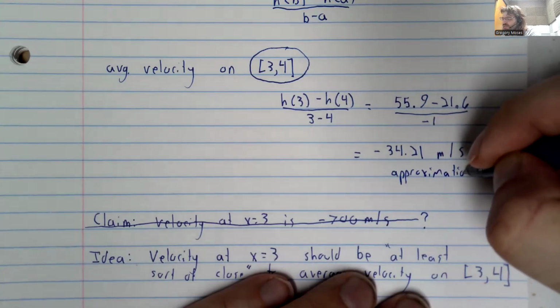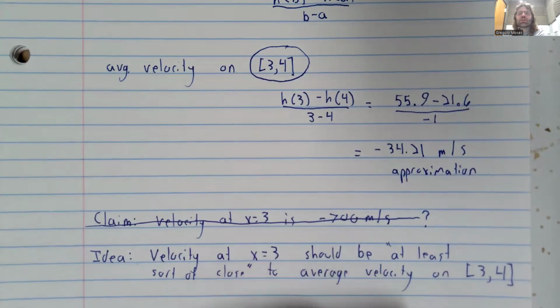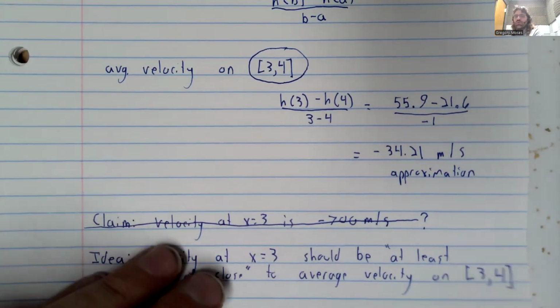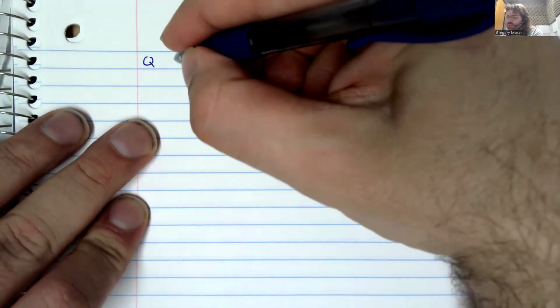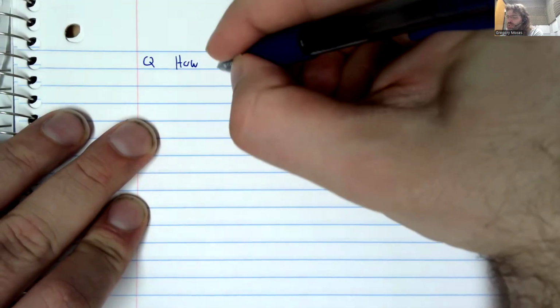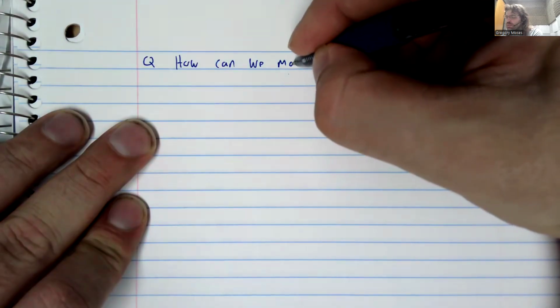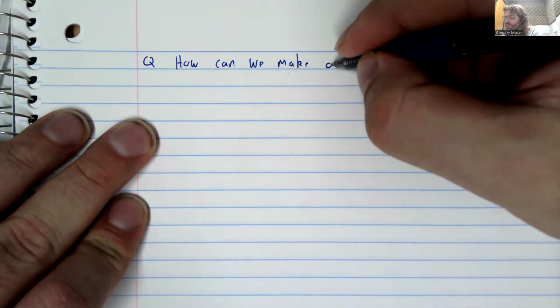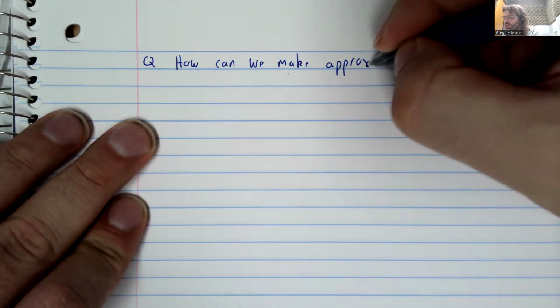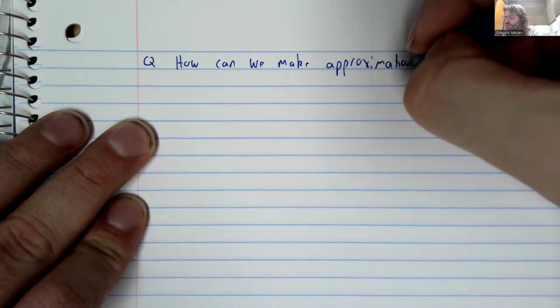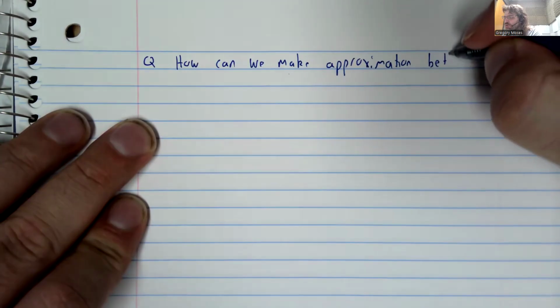And what we have here is an approximation of that goal. So, question, how can we make this approximation better?